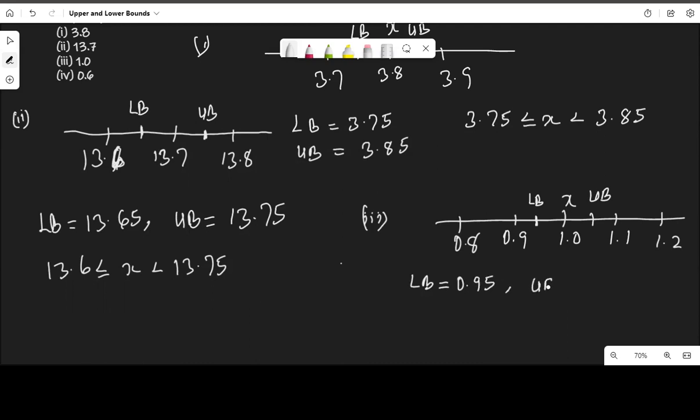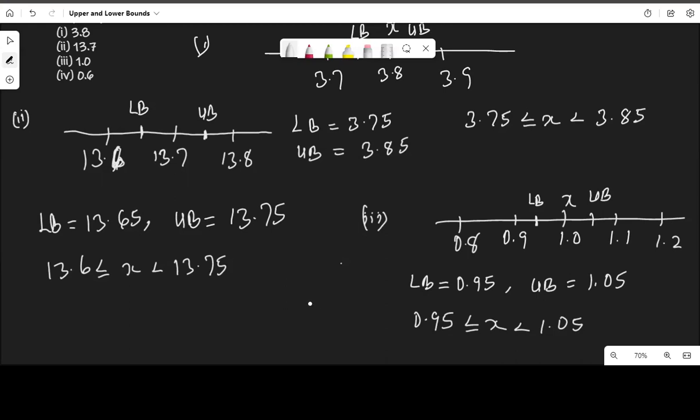Whereas the upper bound UB, 1.0 plus 1.1 divided by 2 will give us 1.05. That is the upper bound. Let me confirm that with a calculator. 1 plus 1.1, then divided by 2. Yeah, 1.05. So using inequality, 0.95 is less than or equal to S, and S is less than 1.05. That is the upper and the lower bound of that number.